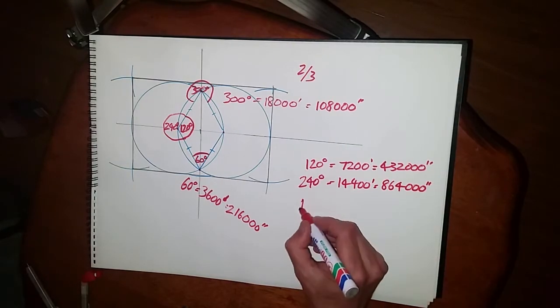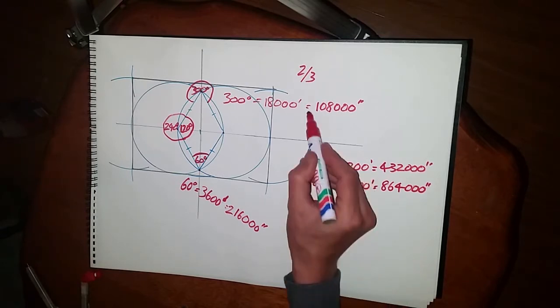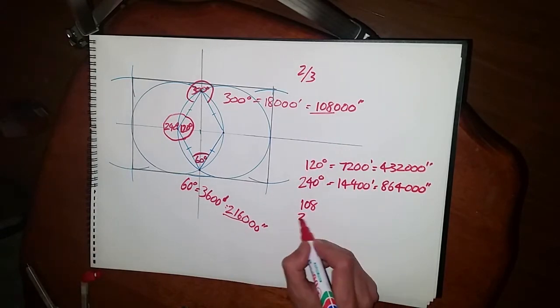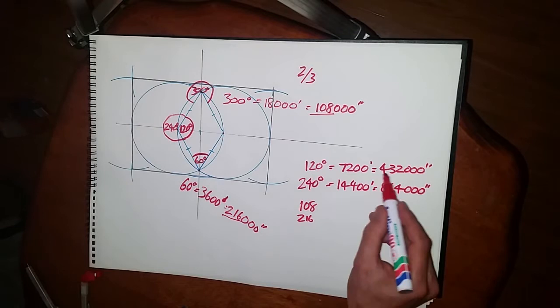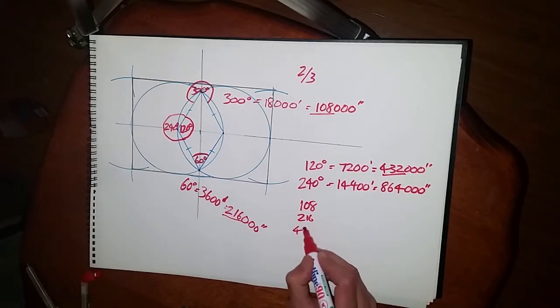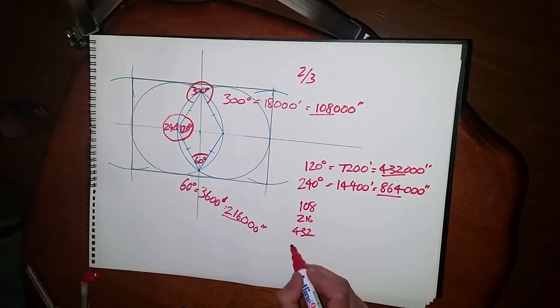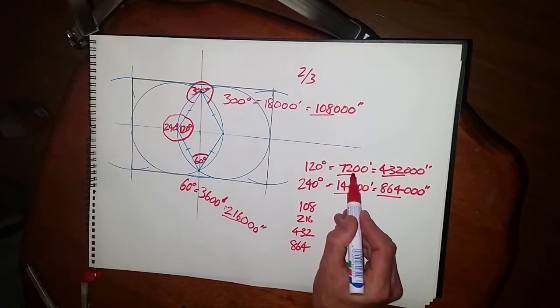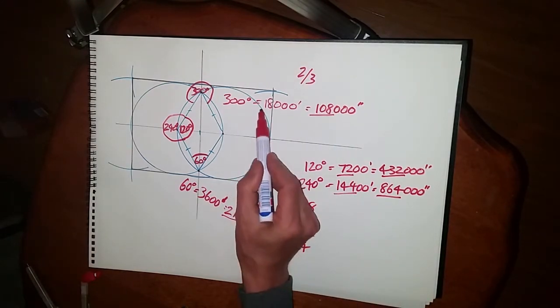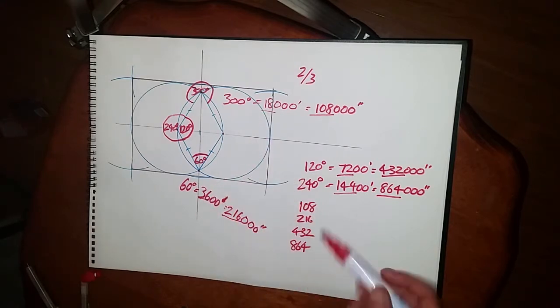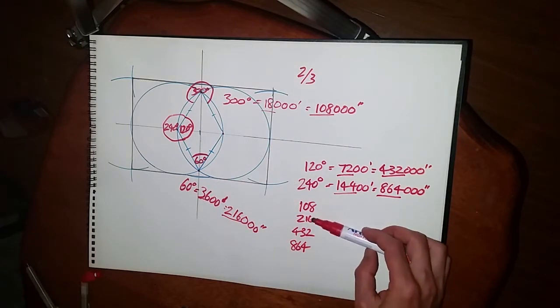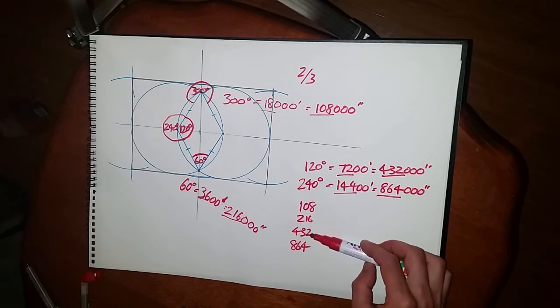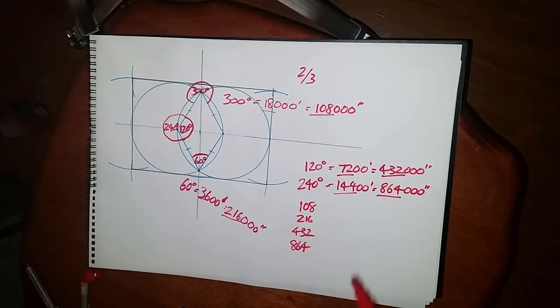So we have 108, 216, 432, and 864. Now even 144, 72, 18 and 36. So 108 times 2 is 216, times 2, 432, times 2, 864.